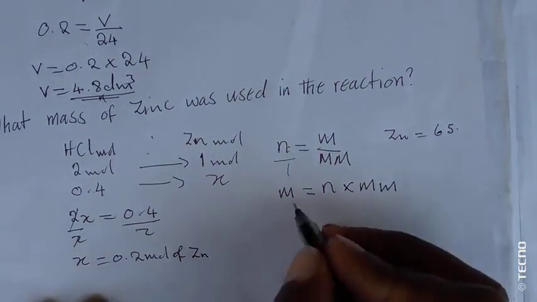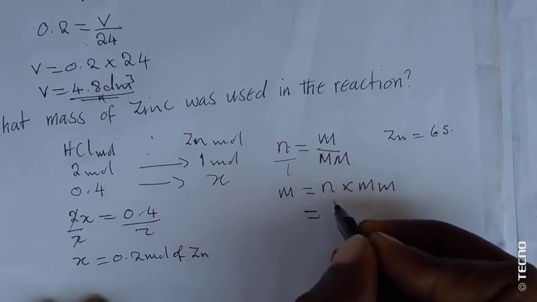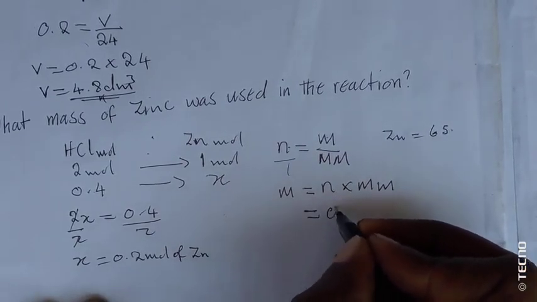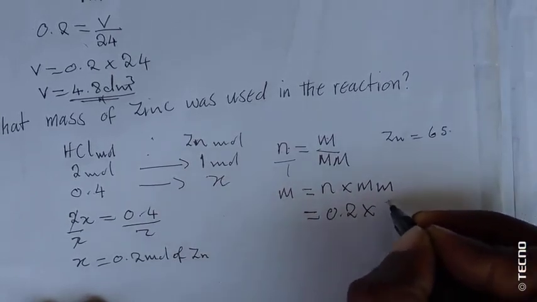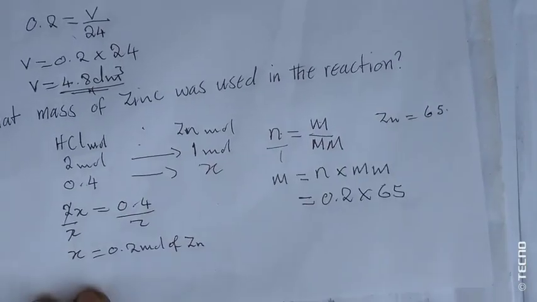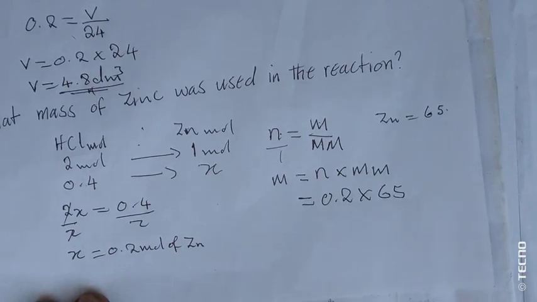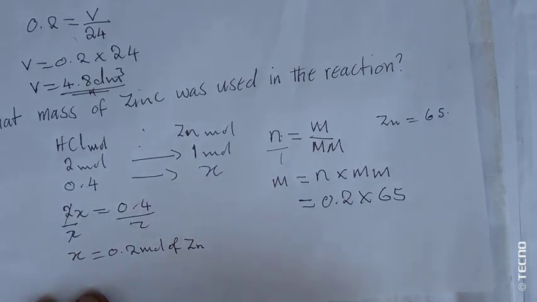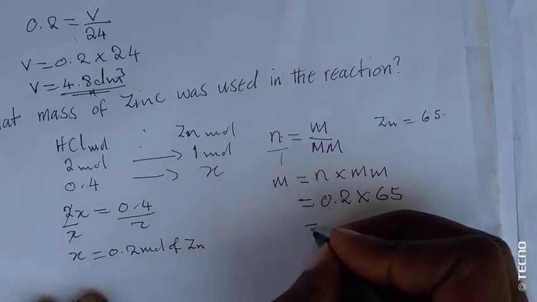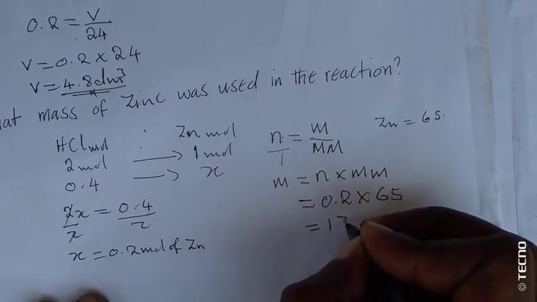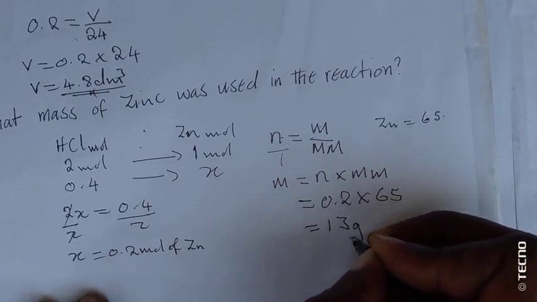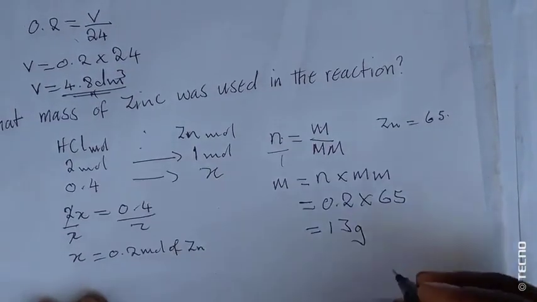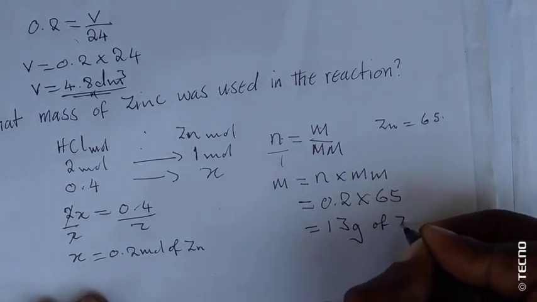Then on this side you put 0.2 times 65. So what do we get when you multiply that? 0.2 times 65, we get 13 grams of zinc.